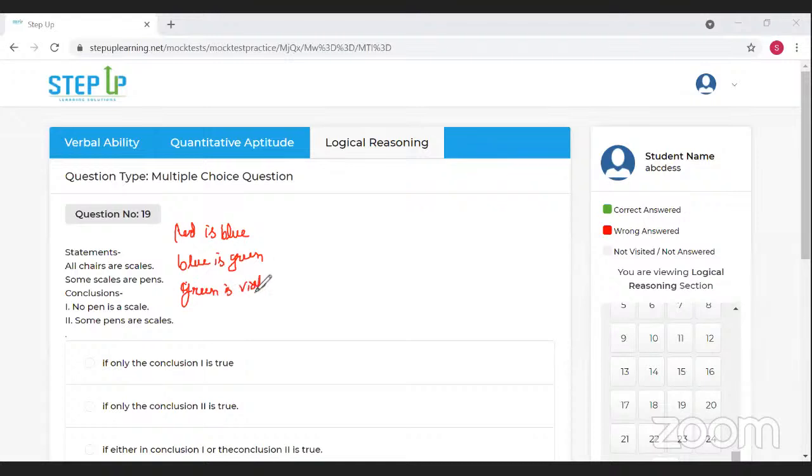Then what color is blood? Blood is what color? Red color. So red means what? Red is blue. So blue would be your answer.